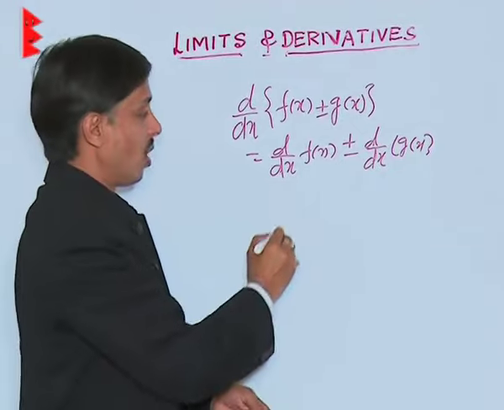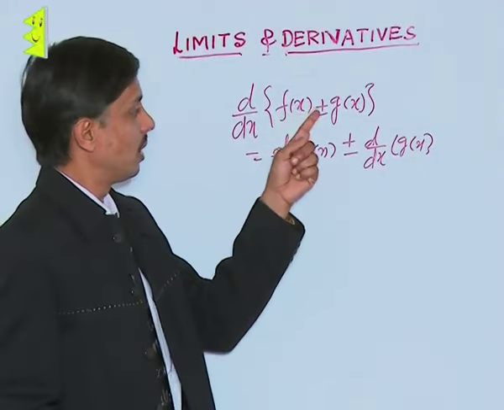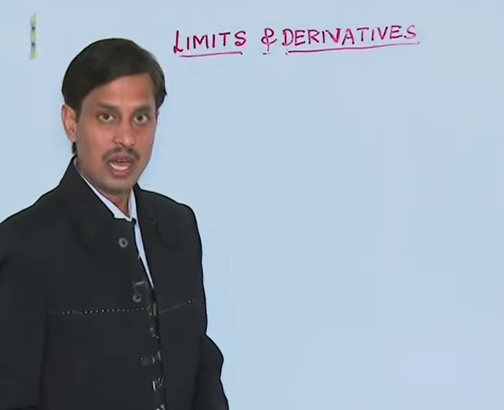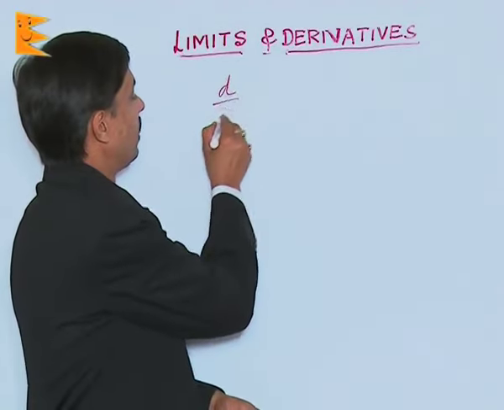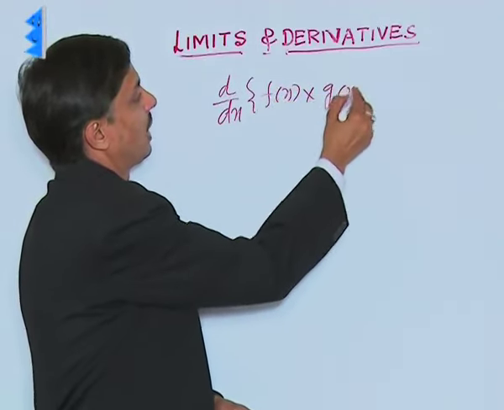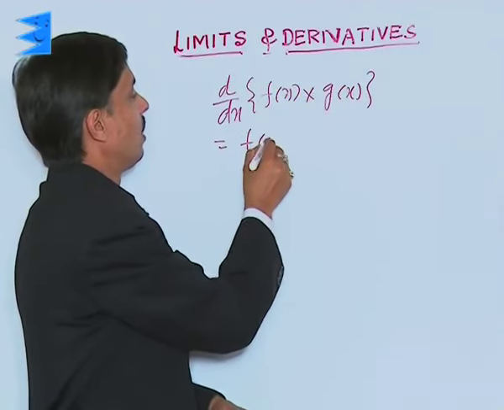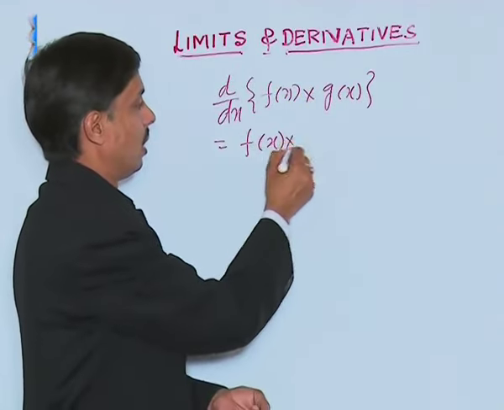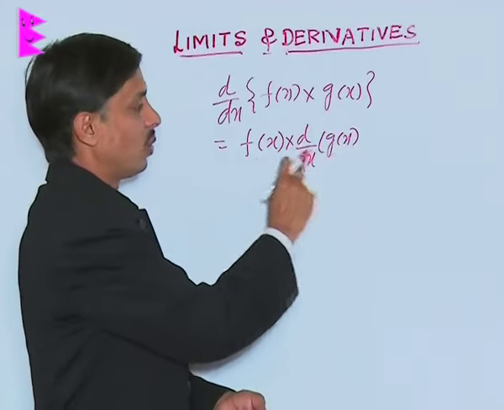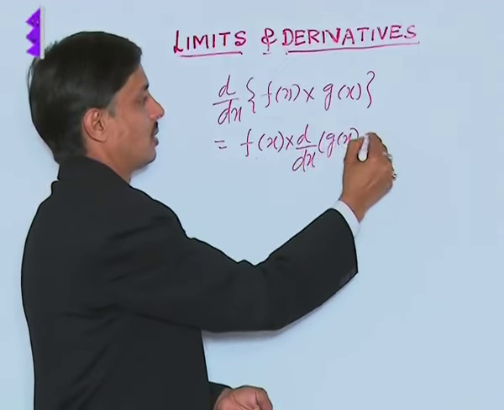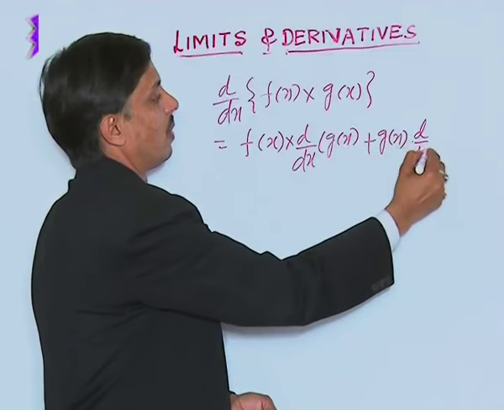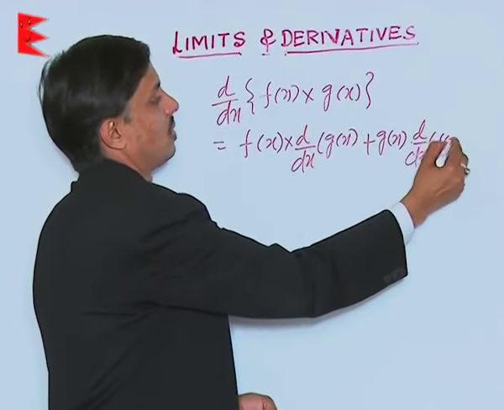And what is the formula if this is not plus or minus, but multiplication? The formula for the derivative of the product of two functions f(x) into g(x) is given by first, that is f(x), into the derivative of second, that is g(x), plus second as it is, that is g(x), into the derivative of first, that is f(x).